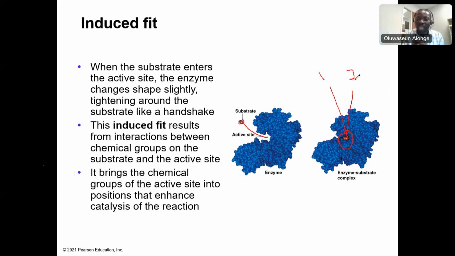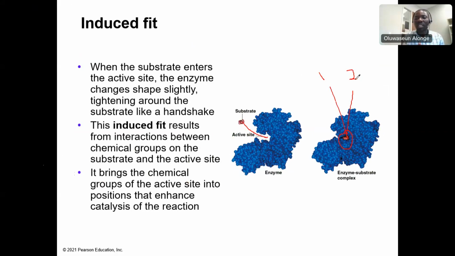So if they are not an induced fit, that will not be possible. The pressure the enzyme brings will weaken the bond. And now the energy required to break that bond is already reduced because the enzyme has weakened the bond.